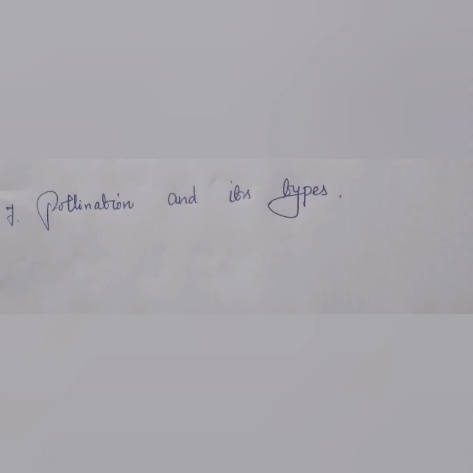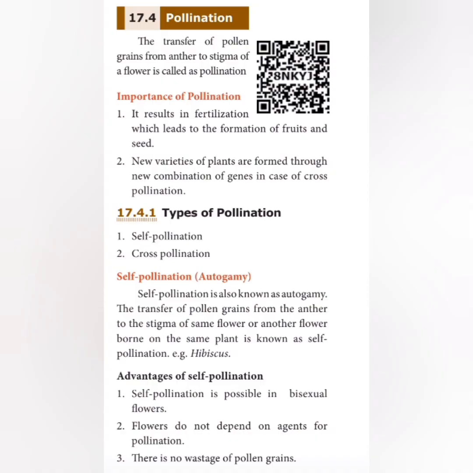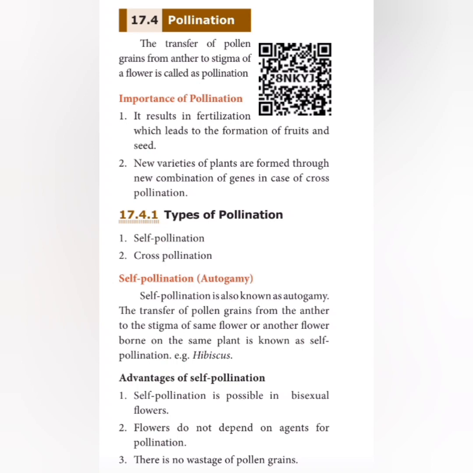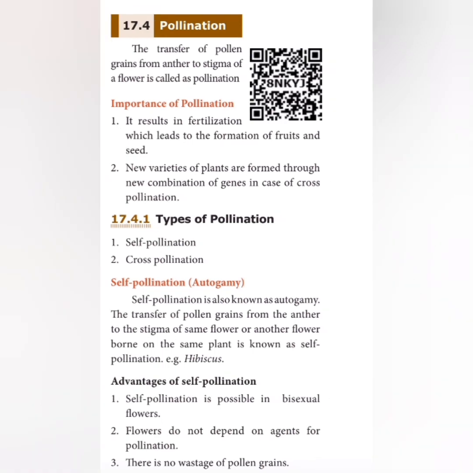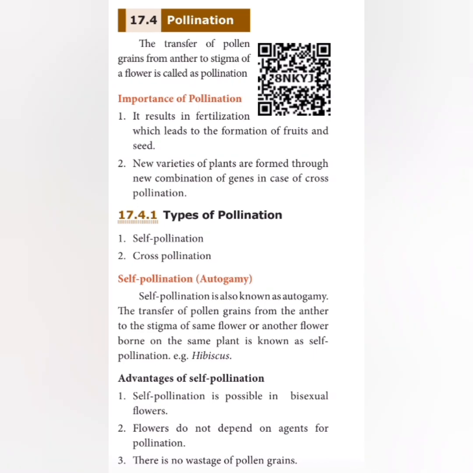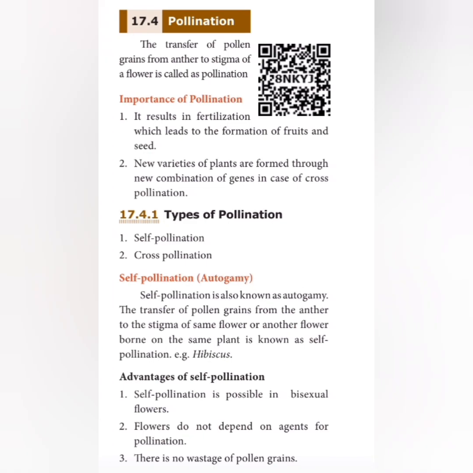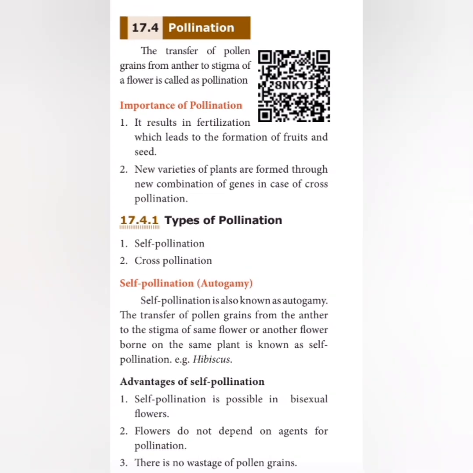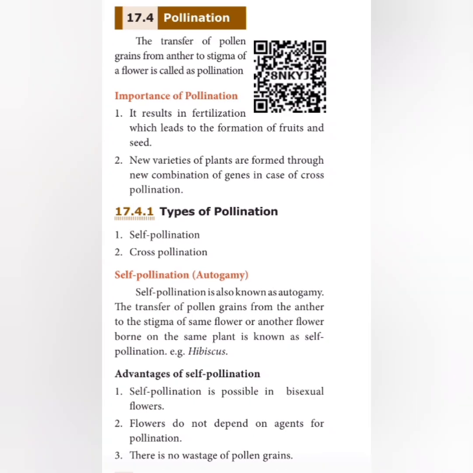And the next question is, pollination and its types. What is pollination? The transfer of pollen grains from the anther to the stigma of the flower is called pollination. There are 2 main types of pollination: self-pollination and cross-pollination. Self-pollination is otherwise called autogamy and cross-pollination is otherwise called allogamy.